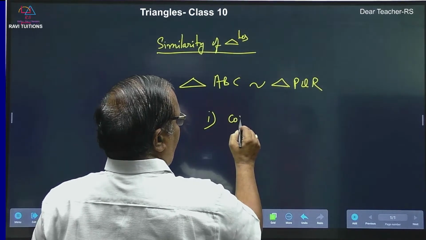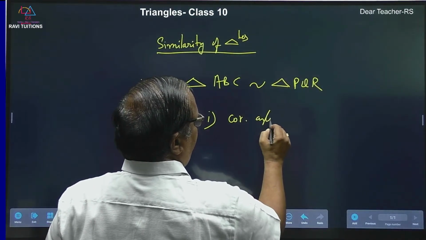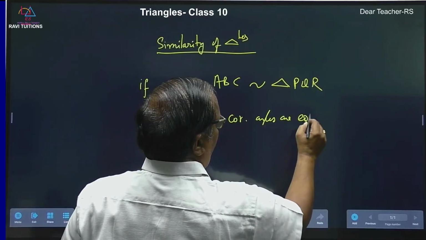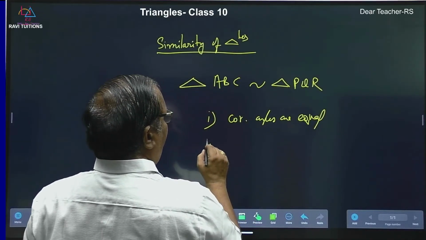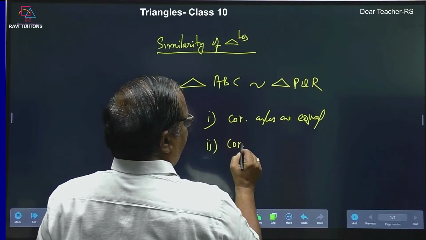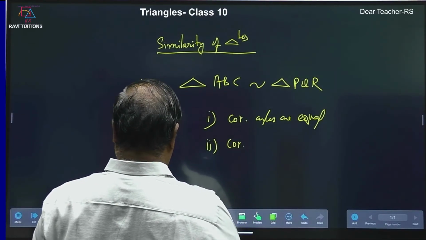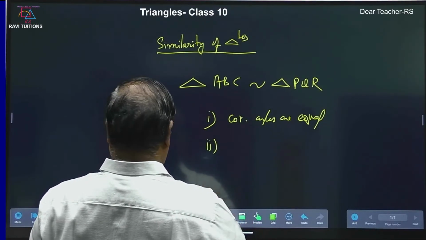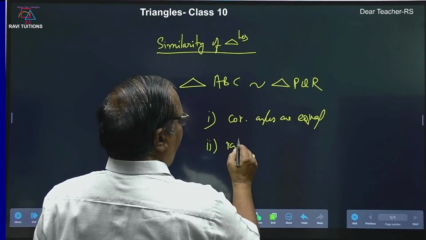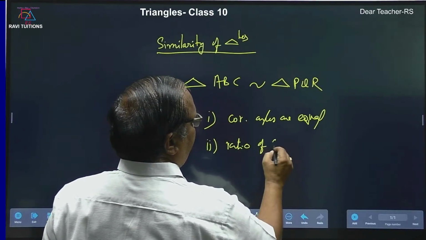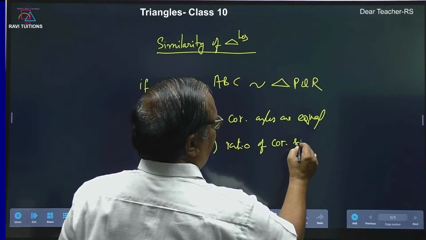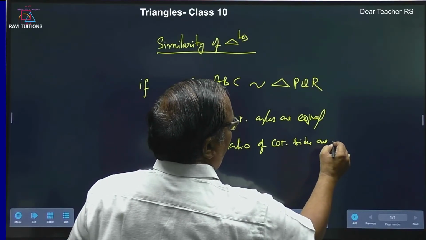One is that corresponding angles are equal, and the second one is corresponding sides. That means the ratio of corresponding sides are equal.